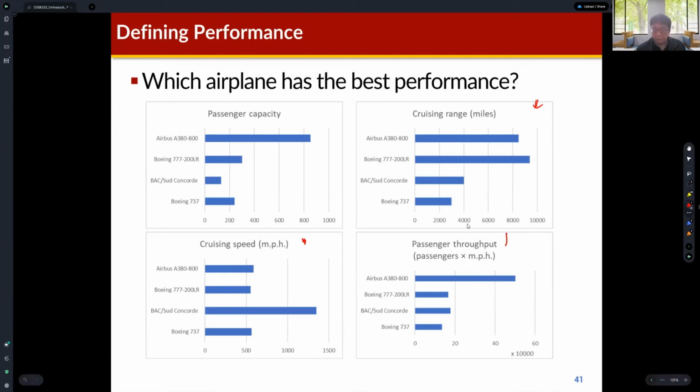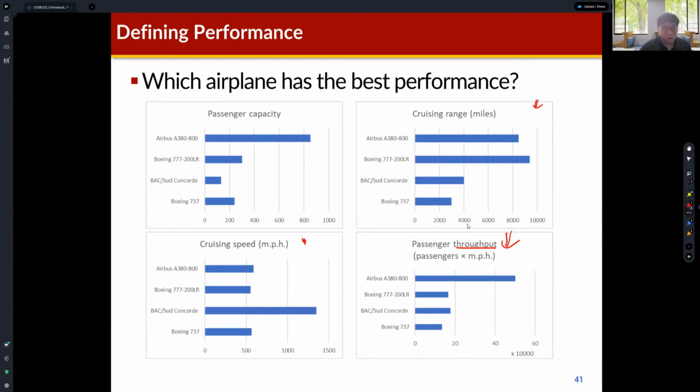And this is the throughput. What does that mean? The throughput is the capacity multiplied by the speed of an airplane.